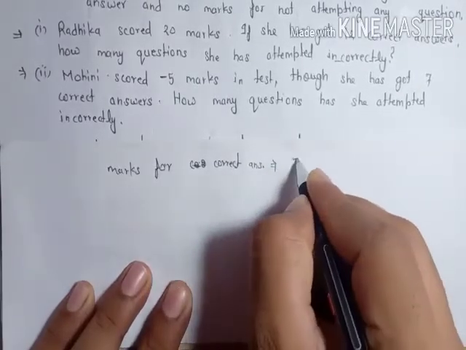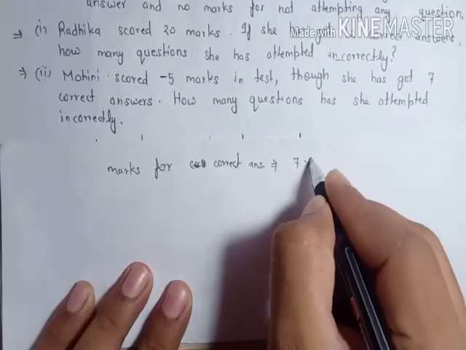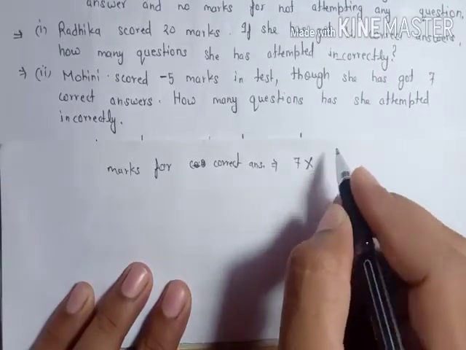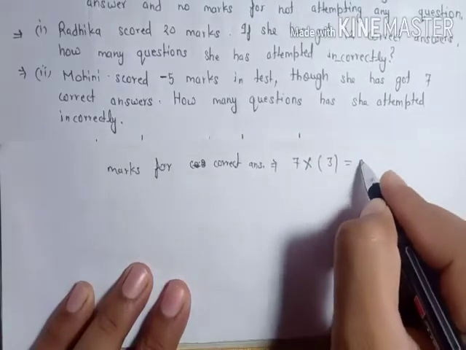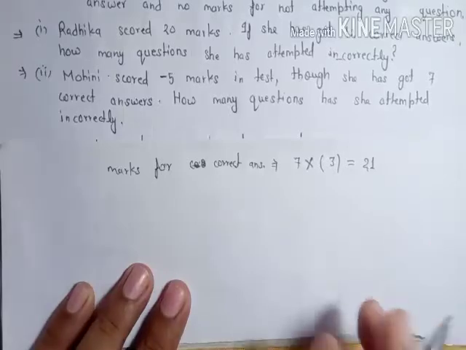There are 7 questions, and marks for 7 correct questions are 3 for each, so that is 21 marks.